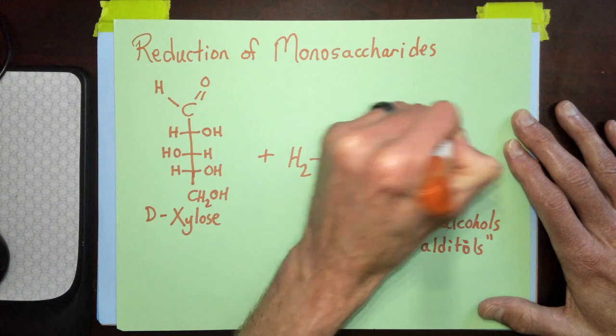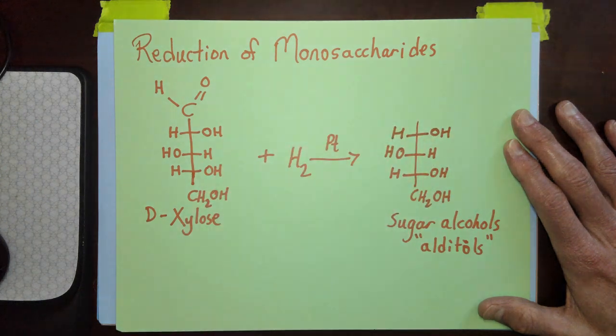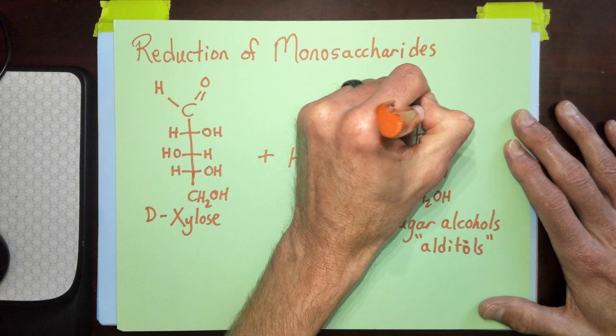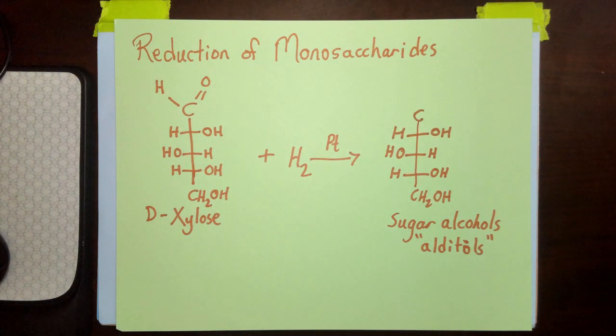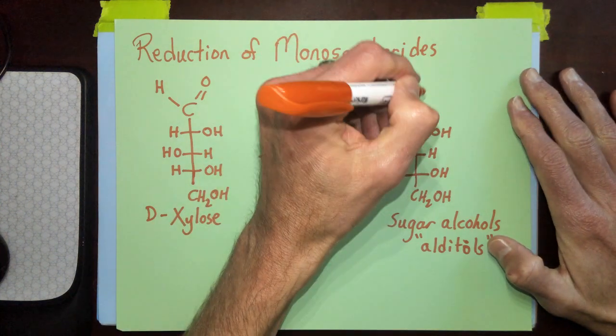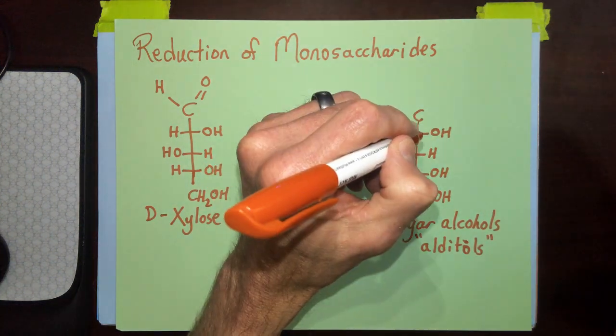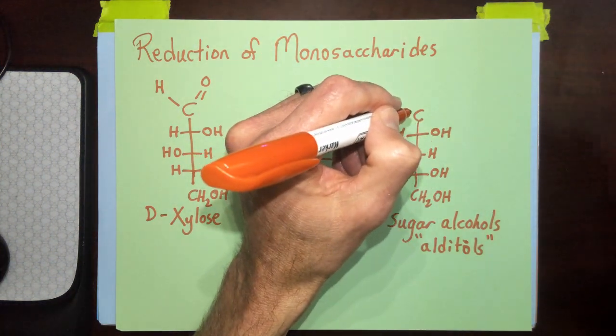So that stays intact. We get to this aldehyde group and we're going through a reduction process. So we turn it into a sugar alcohol.